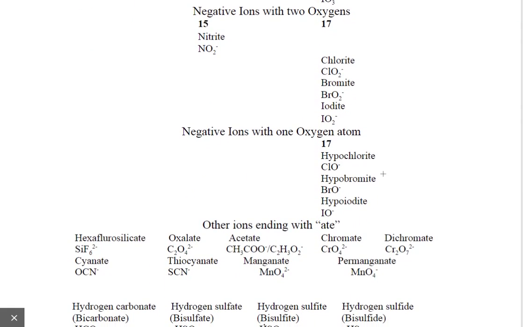And hypochlorite, hypobromite, and hypoiodite, just like we only had per-ATE ions for the halogens, only the halogens have hypo-ITE ions.